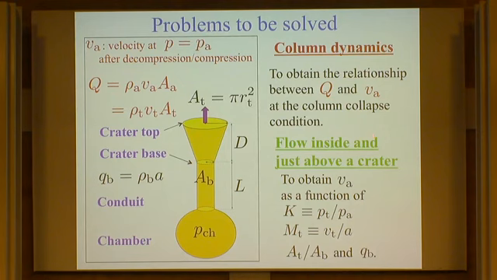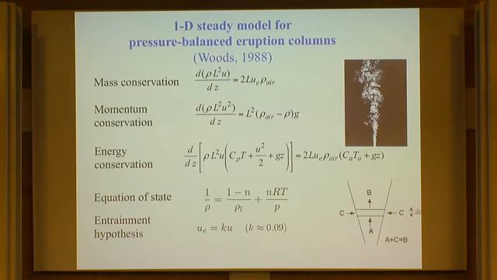This relationship can be obtained by the one-dimensional steady model for a pressure-balanced eruption column, which was established by Woods, 1988. This model is composed of mass conservation, momentum conservation, energy conservation, and the equation of state for a control volume of turbulent fluids, like this.